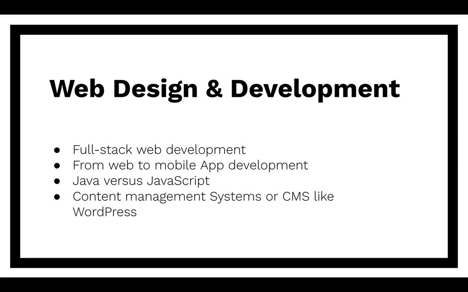Java versus JavaScript. Okay, this is very important. You have to understand Java is not in any way related to JavaScript. Java is a programming language that was invented at Sun Microsystems in the early 90s, and JavaScript has been around since the early 90s too, but JavaScript is completely different, and JavaScript runs in the web browser.